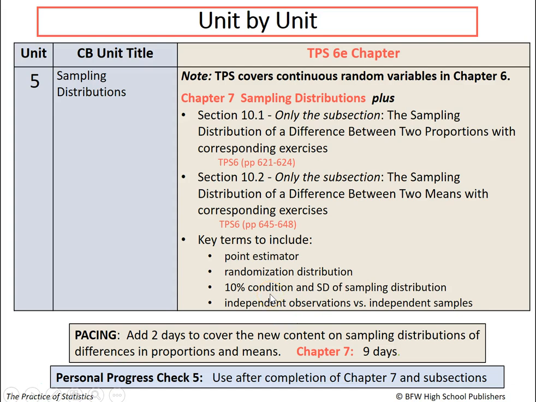And here the course framework goes deeper with the 10% condition and how that relates to the standard deviation of the sampling distribution of p hat or x bar. And it makes the point that the formulas we use are actually only correct if we sample with replacement, and that if you sample more than 10% of the population, which is not a bad thing because you're going to get hopefully a more accurate estimate, certainly a more precise estimate of the true population parameter if you use a larger sample that's random, the standard deviation formula we use is just too incorrect.